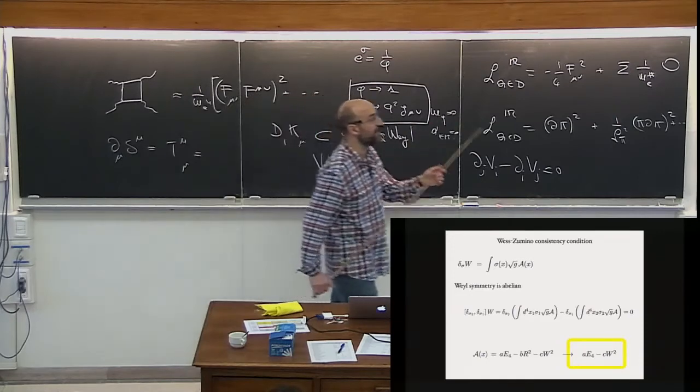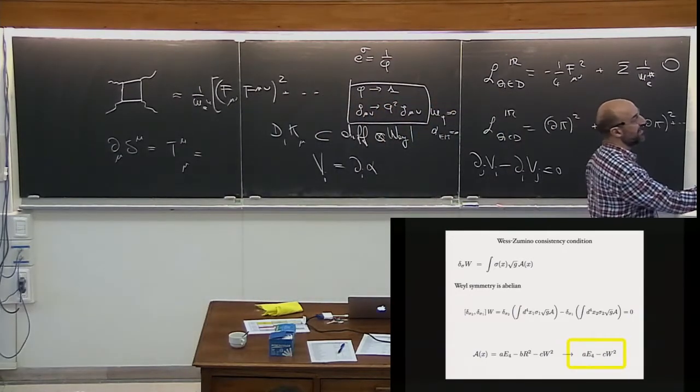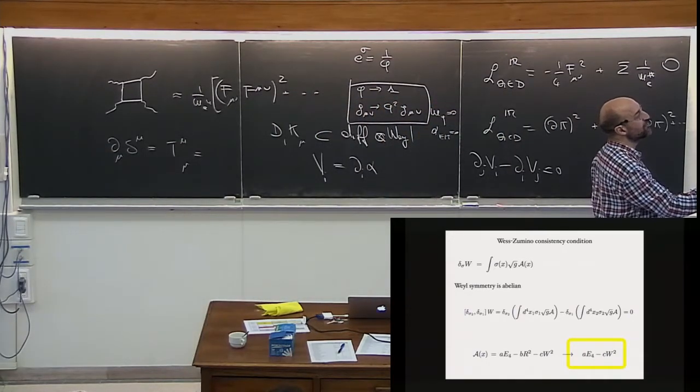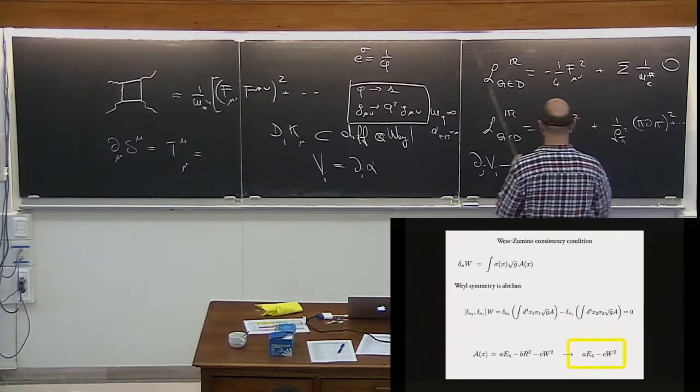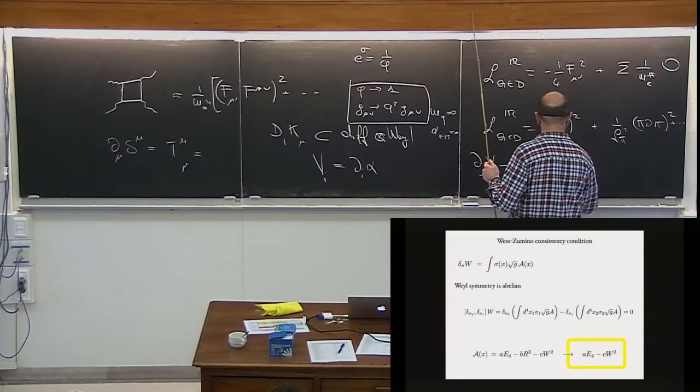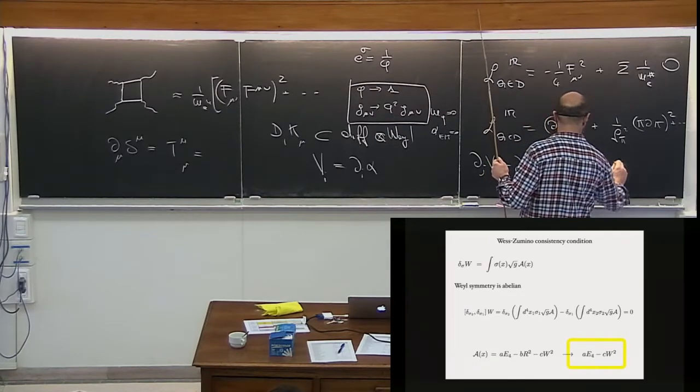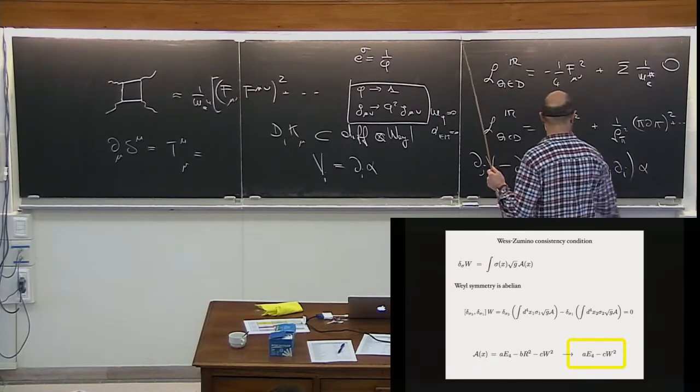So it tells you that if I take, as you know, precisely like in this case, d_i d_j minus d_j d_i alpha, that's equal to 0.